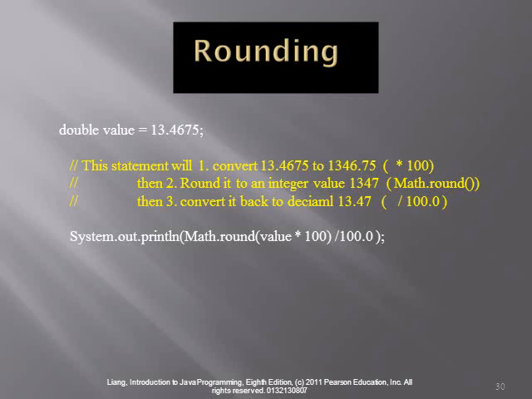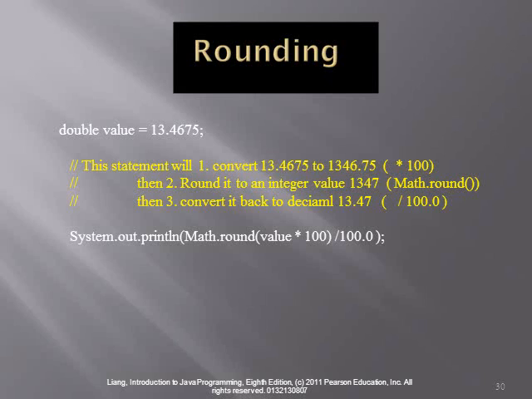So I think the best way to explain how to do rounding is to use an example. All right, so we'll begin with a value that is 13.4675. And if our rounding works to 2 decimals, we want to come up with a result of 13.47.